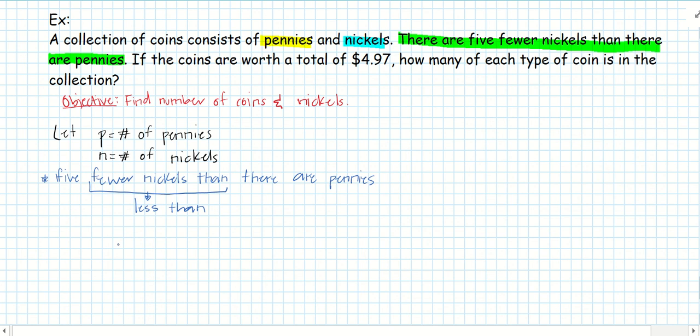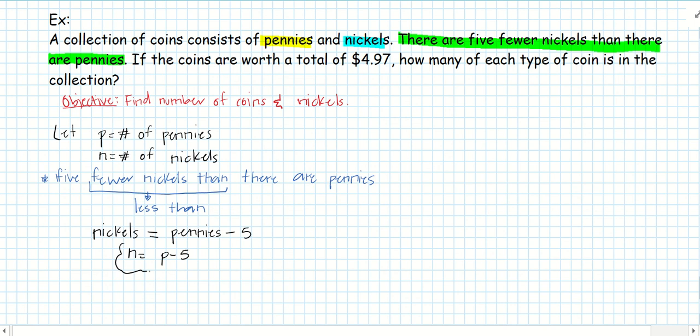So then I can say that N, so the nickels, let's write it with words. Nickels equals whatever number of pennies minus 5, because it's less than, right? So N equals P minus 5.